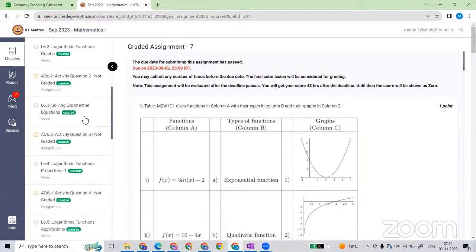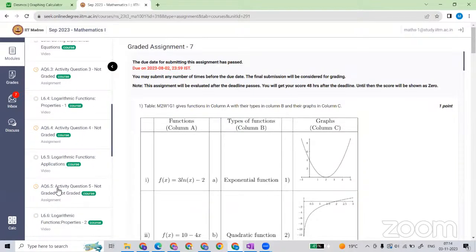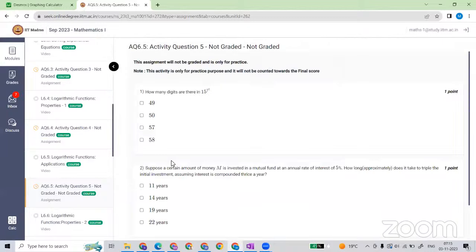Question number 1 in 6.5, sir. How many digits are there in 15 to the power 7x square?